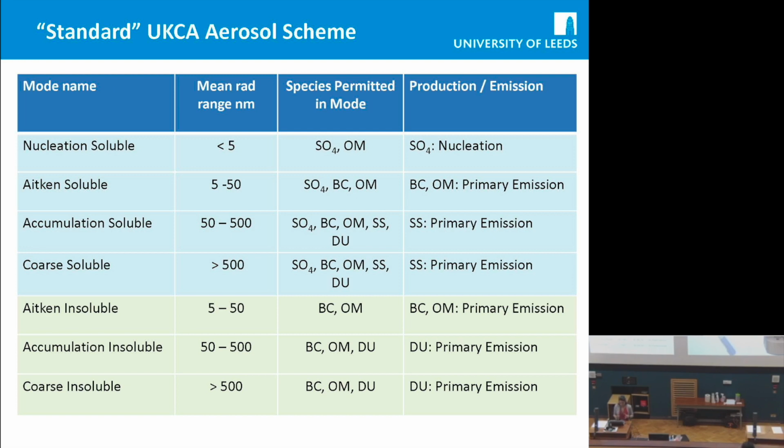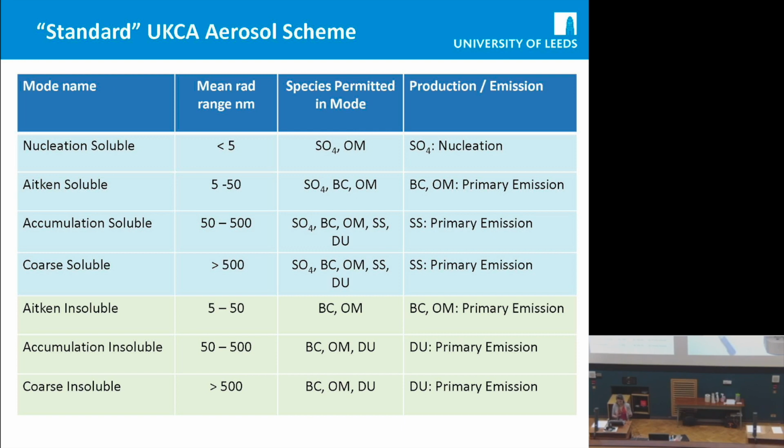Again, in the standard UKCA aerosol scheme, to highlight that this is the framework within which you can work, you can choose a setup that has the modes that you want, and to an extent the components that you want.